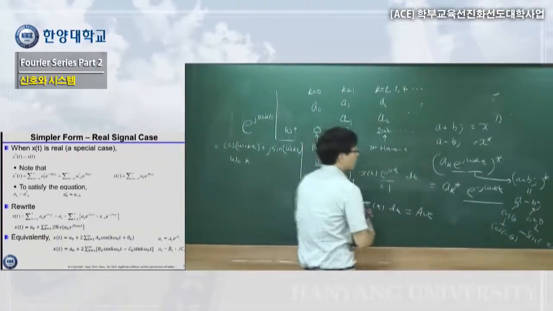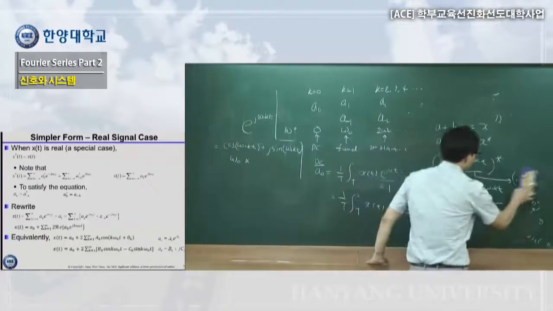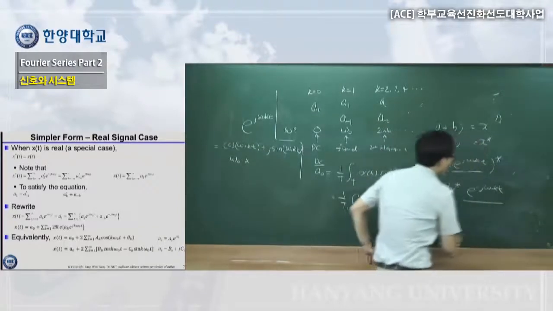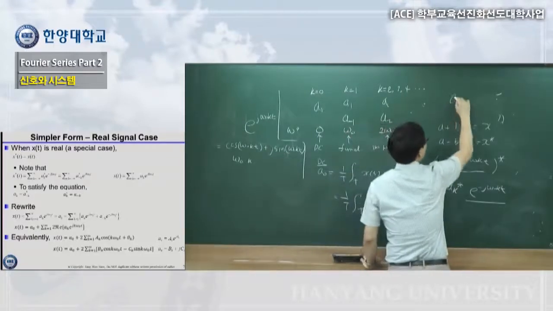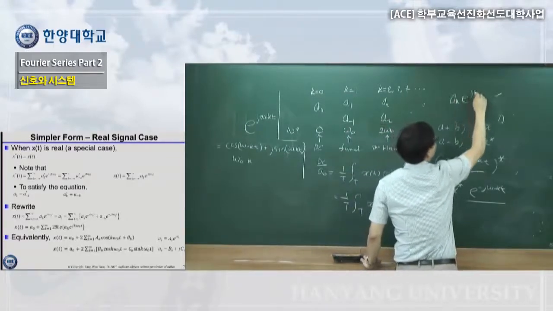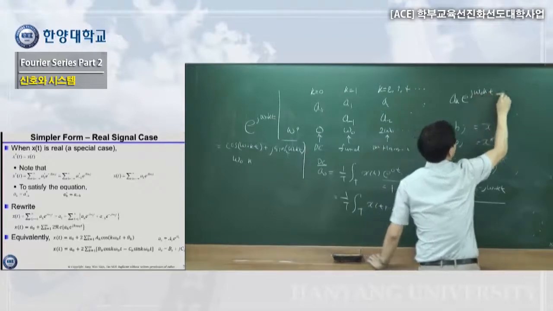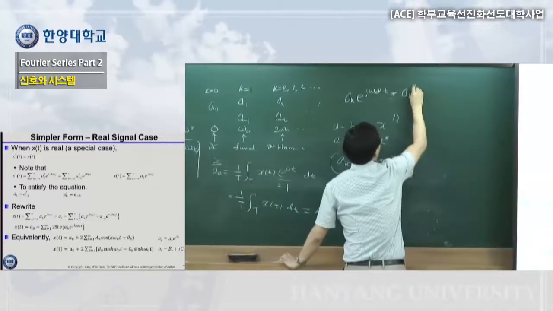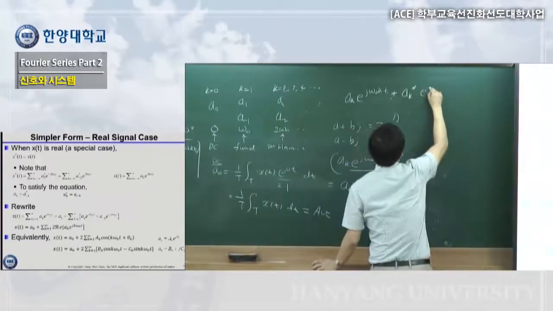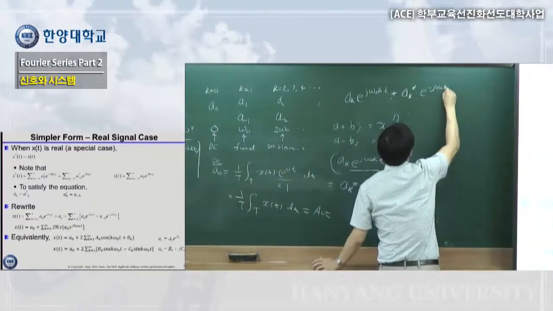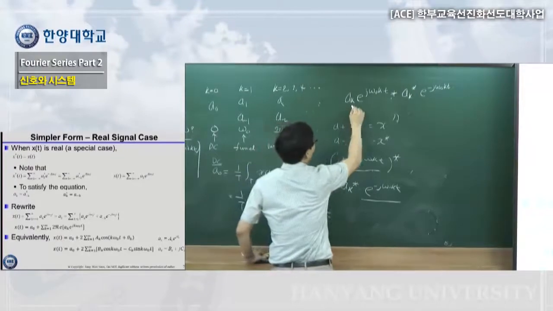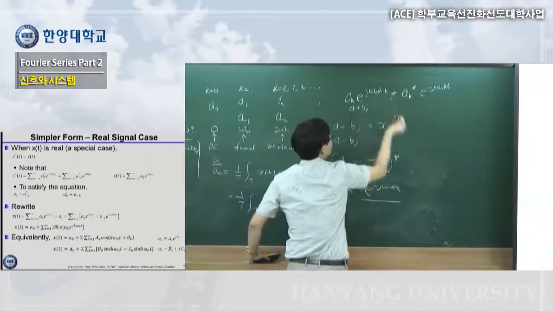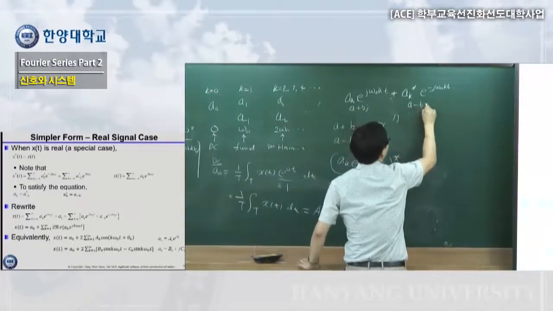So in here, if you pair them, we can consider them like this. We write down that, okay, this is our a plus bj, this is our a minus bj.